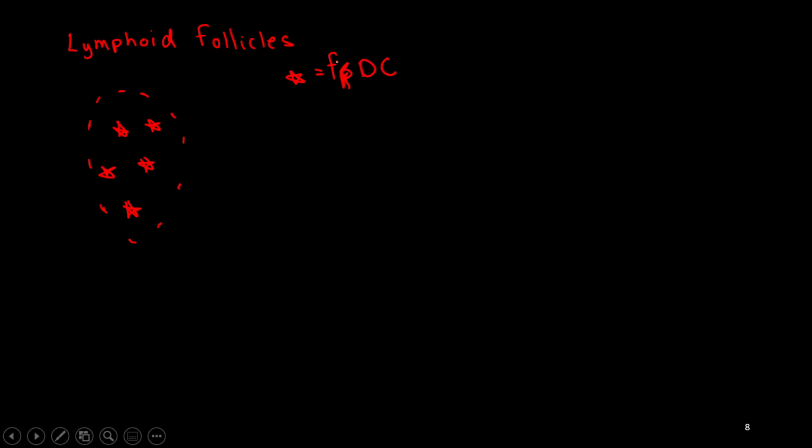So these stars represent the follicular dendritic cells. Note that these are different from the other dendritic cells that we have talked about. They are not the antigen presenting cells that bring the antigens back and actually start activating.